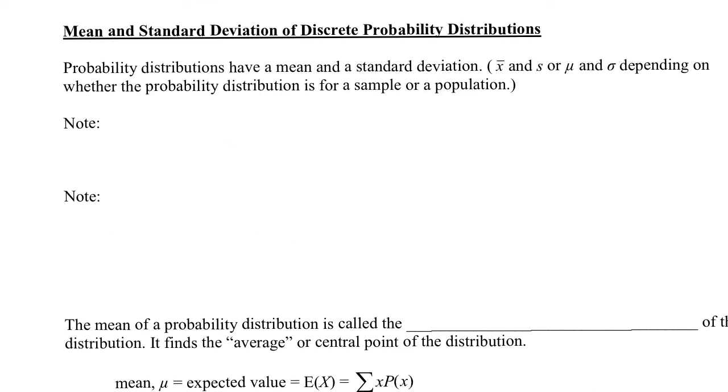Well, it turns out that these probability distributions each have a mean and a standard deviation. And as we saw before, x bar is the mean of a sample, just like little s is the standard deviation of a sample. And mu is the mean of a population, and sigma is the standard deviation of a population.